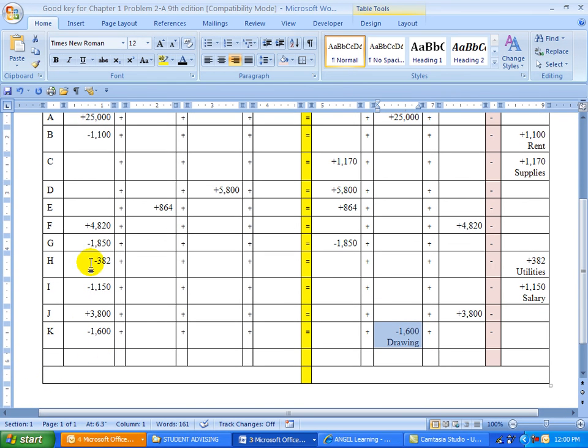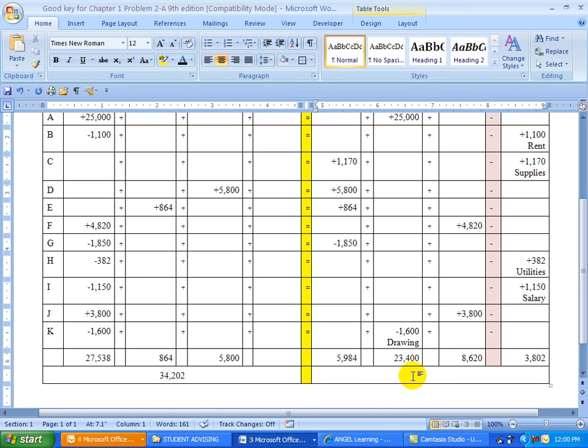Now at this point you would total up all of your columns. If you do, it should come out with these balances. Then what we do is we add up all the balances on the left-hand side of the equation, and that is $34,202.